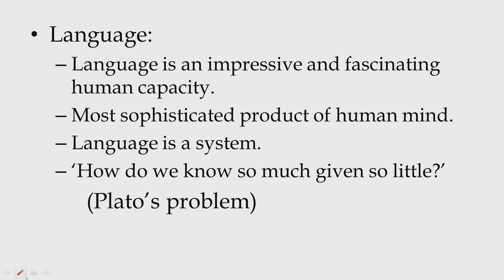This refers to the following. When we say given so little, we mean input. You have looked at the two terms input and output. Children receive input from their immediate society. For example, a child born in Chennai will receive input from Tamil because Tamil will be the natural language in the immediate environment.